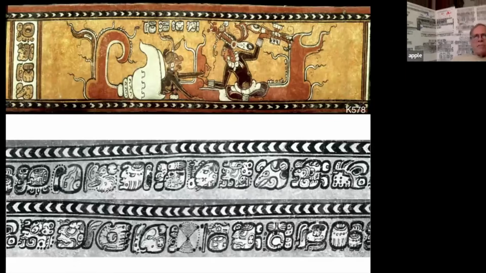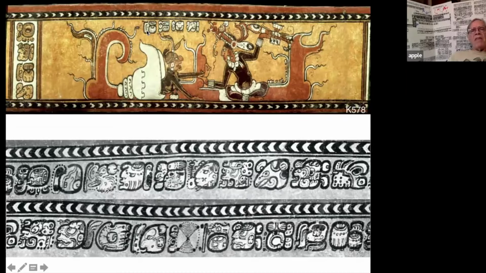So the longest text I could find on a Chama style vase. The Chama glyphs, Chama texts tend to be monochrome, although again, the text that is in the middle, this is just another PSS. Same text as here. Or actually a continuation of this text. My apologies. It begins here with glyphs that are colored.